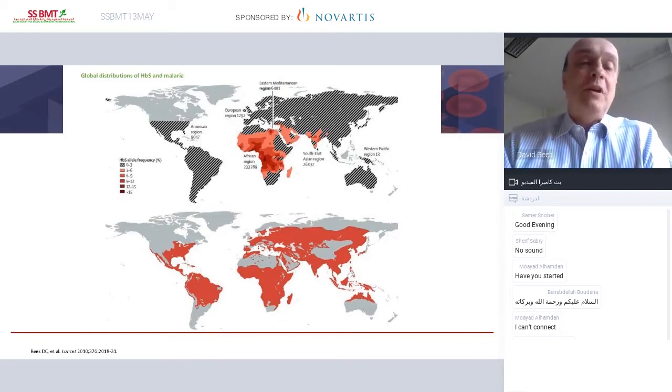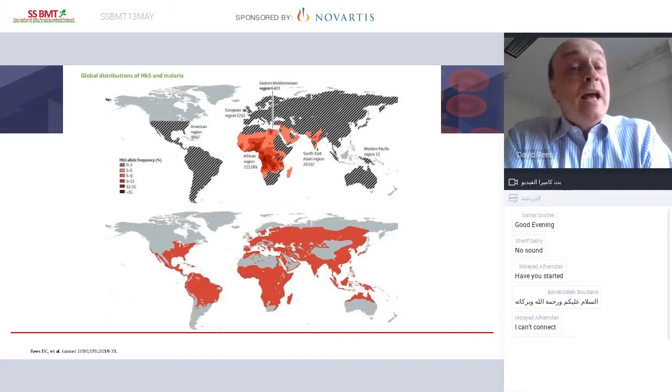This is the version of the graph that crops up in most talks. The top figure shows the distribution of sickle cell disease across the world, showing it's predominantly a disease in Africa, the Middle East and India. It occurs through migration largely in other parts of the world.